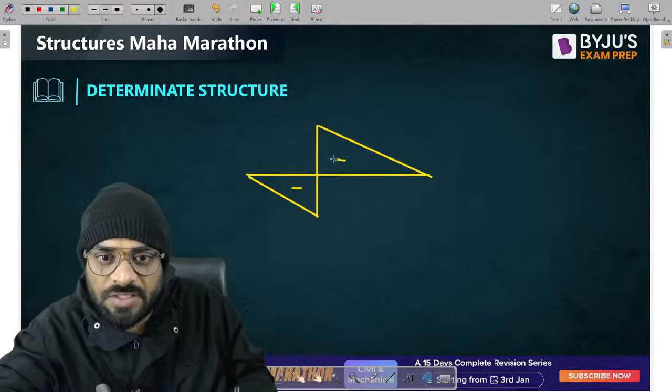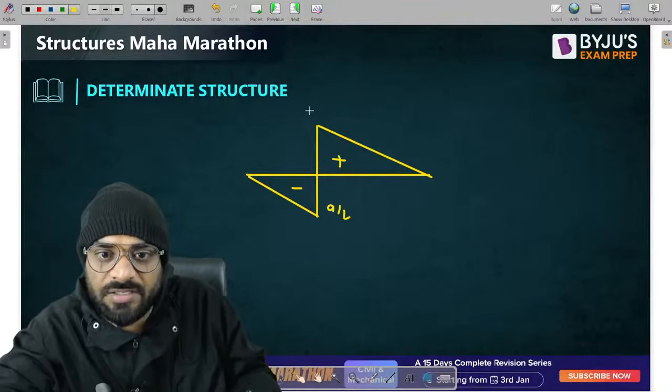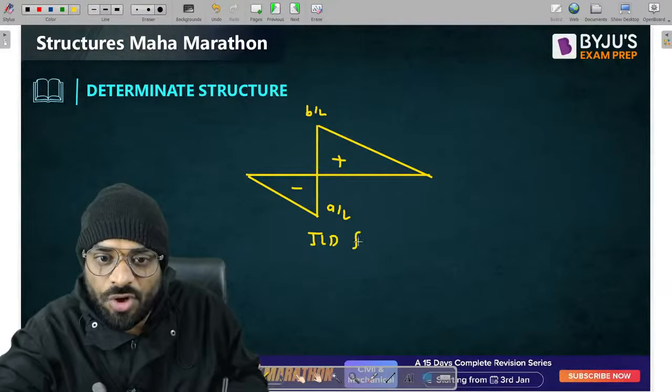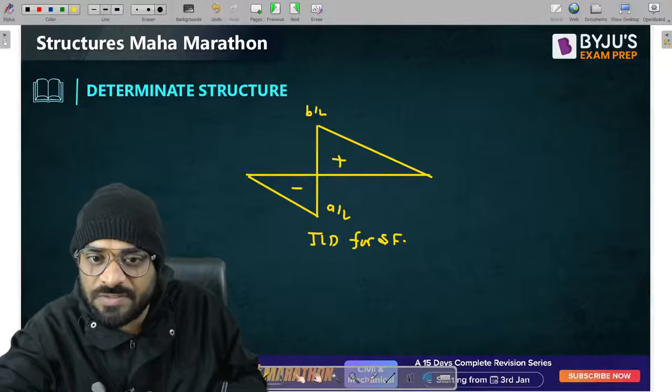This is negative, this is positive, this value is A by L, this value is B by L. And this is the ILD for shear force at C.